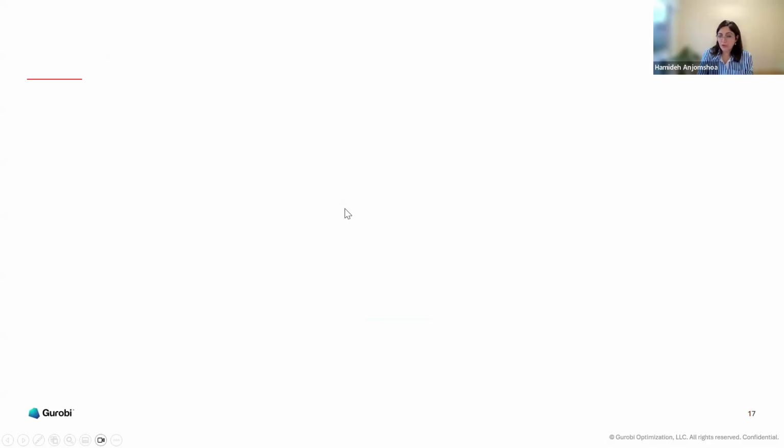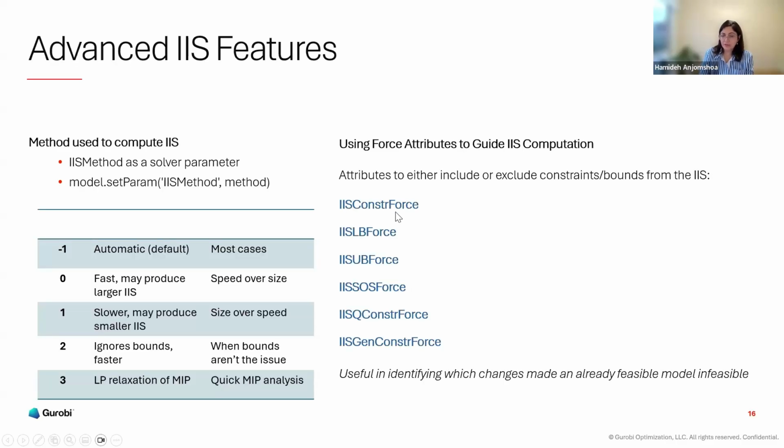So you can use, for example, IIS constraint force. You say, whatever you're searching for in a calculation of IIS, make sure to include these new rules that I put, and then it helps you to understand which other one is conflicting at the moment.